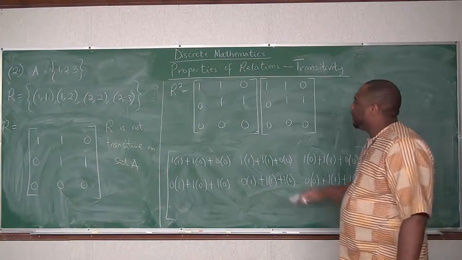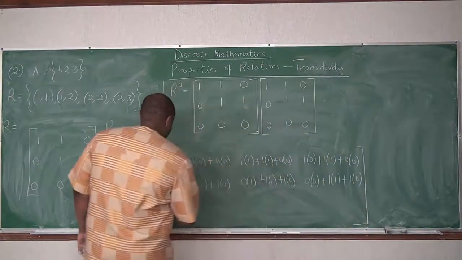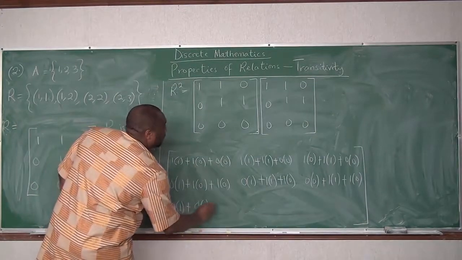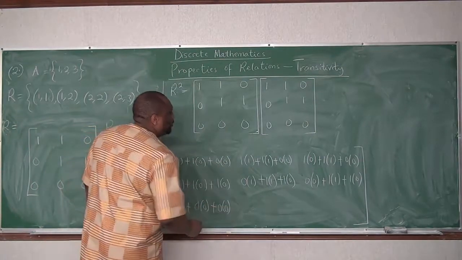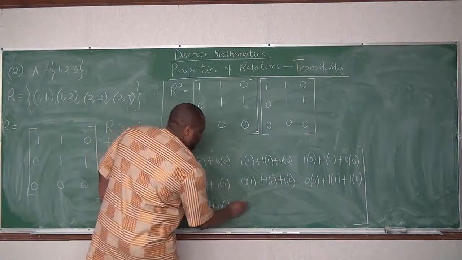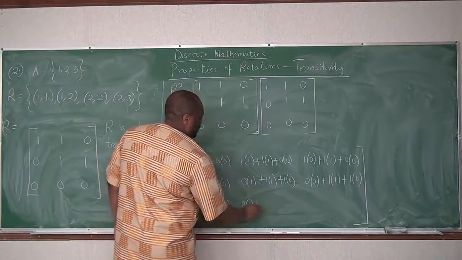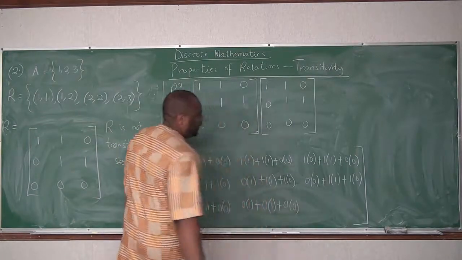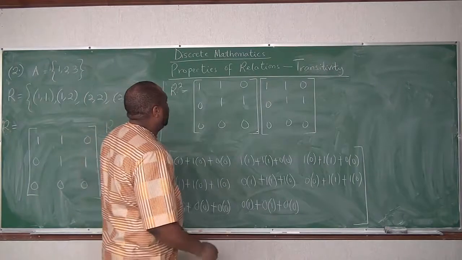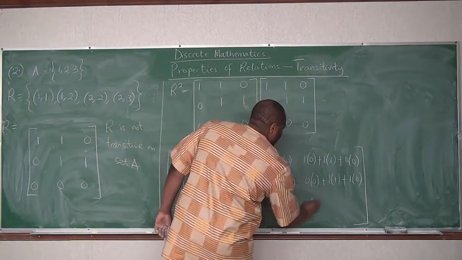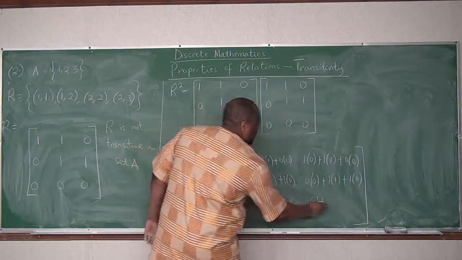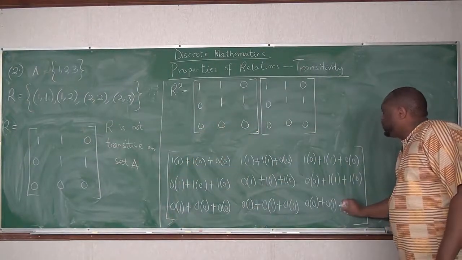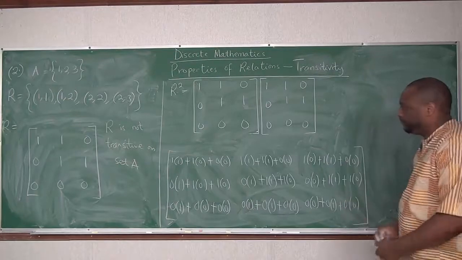You close. Row 3, you have 0 times 1 plus 0 times 0 plus 0 times 0. You break. Then 0 times 1 plus 0 times 1 plus 0 times 0. You break. Then 0 times 0 plus 0 times 1 plus 0 times 0. You close.